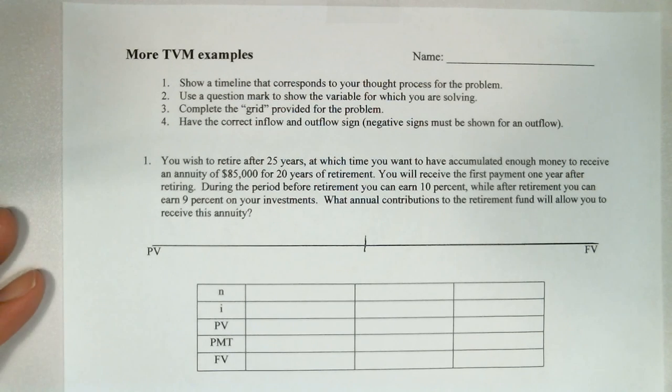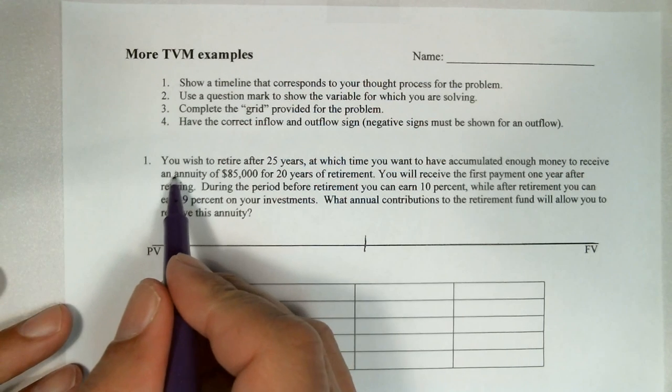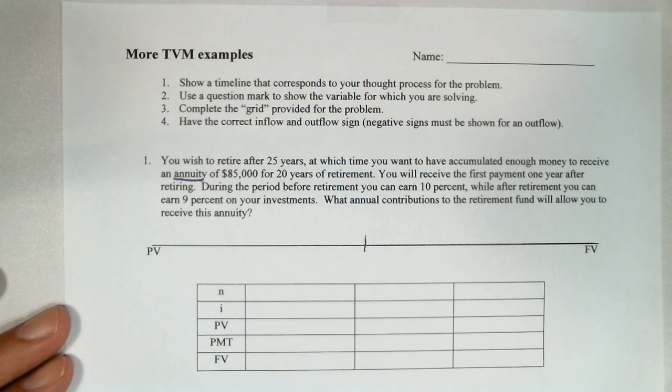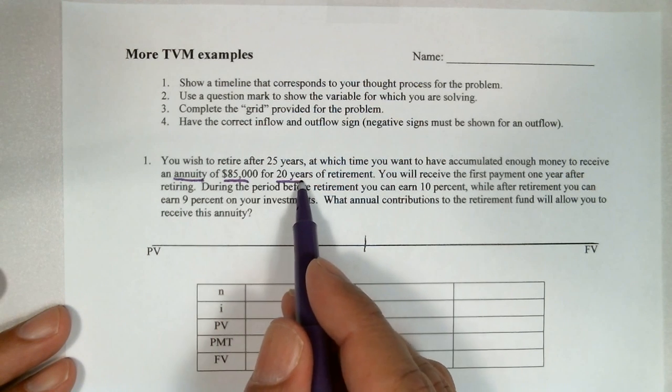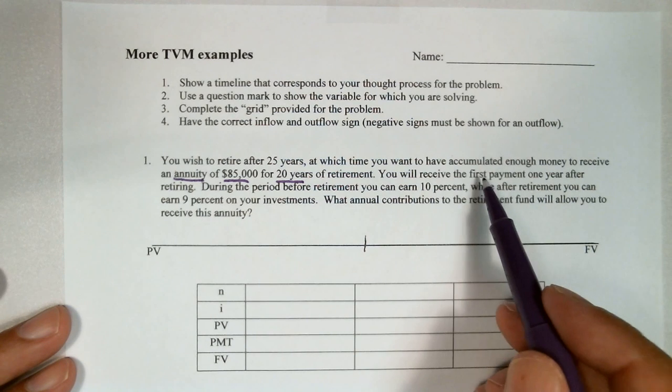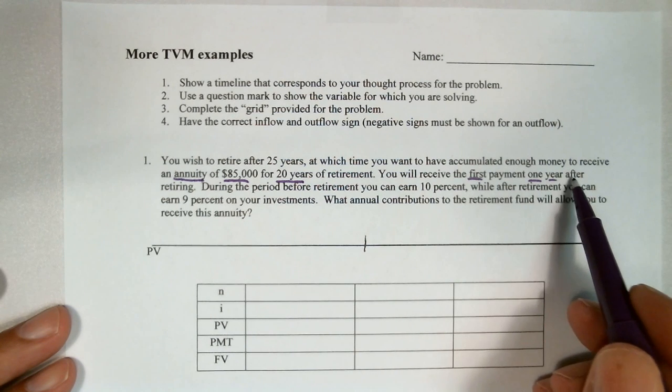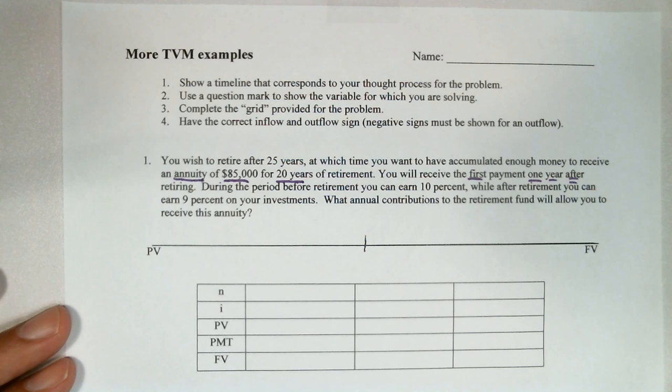And what you want is, we know how much we will receive after retirement. Again, it is an annuity, which means equal payments of $85,000 for 20 years after retirement. And we will receive the first payment 1 year after retiring.